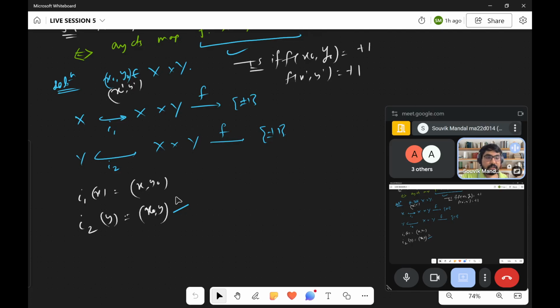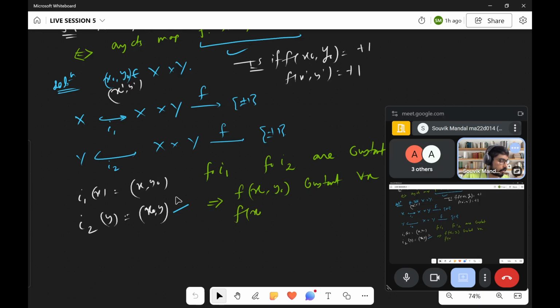These two are functions from X to plus minus 1 and Y to plus minus 1 after composing with f. So the composites with I1 and I2 are both constant. That implies f of x comma y naught is constant for all x, and f of x naught comma y is constant for all y.